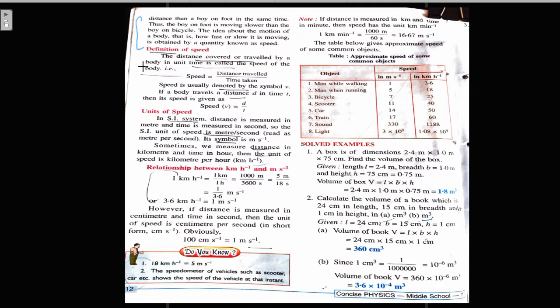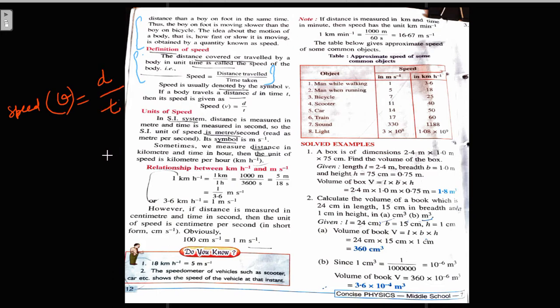So what is the definition of speed? The distance covered or traveled by a body in a unit time is called its speed. So speed is equal to distance traveled upon time taken. This is the speed. We treat it as small v, distance d and time t.